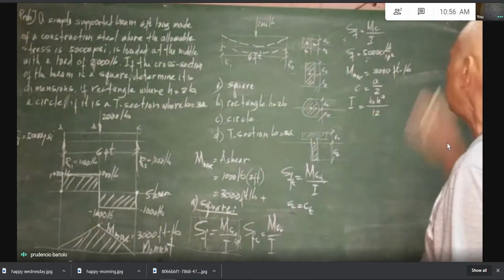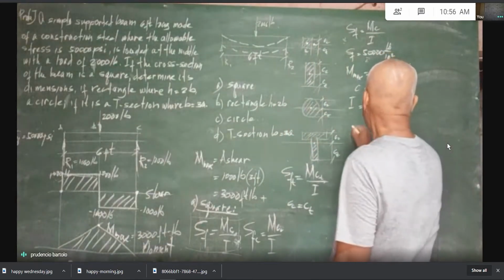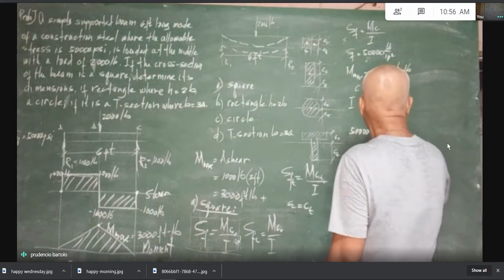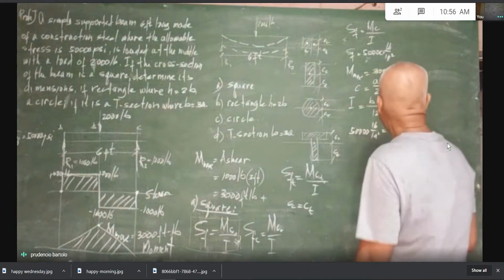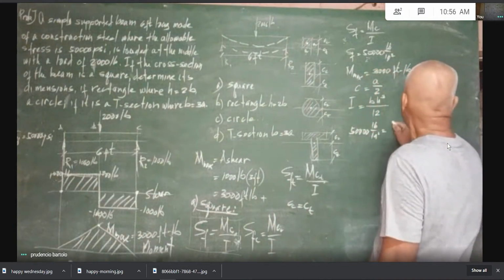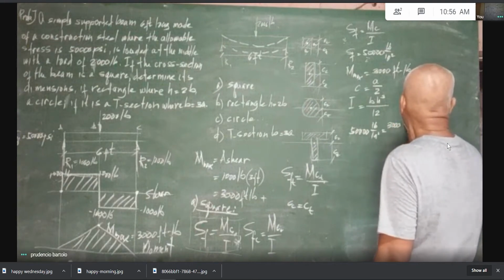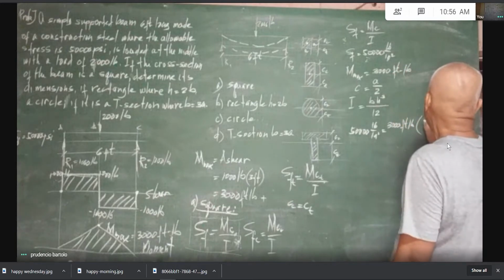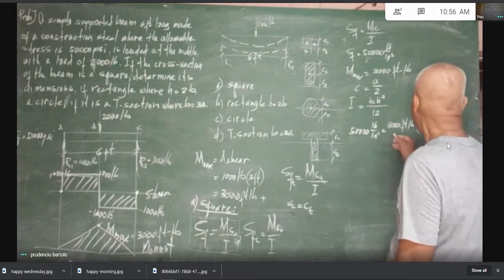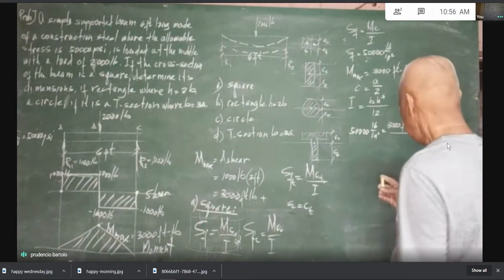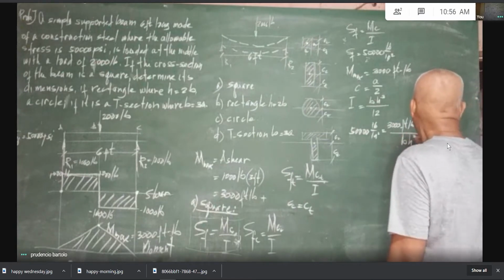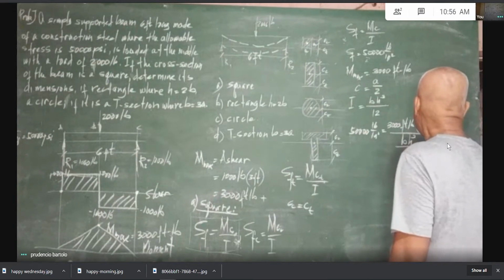So substituting our values, that is now 50,000 pounds per inch squared equal to 3,000 foot-pounds multiplied by a over 2, all over bh cubed over 12.